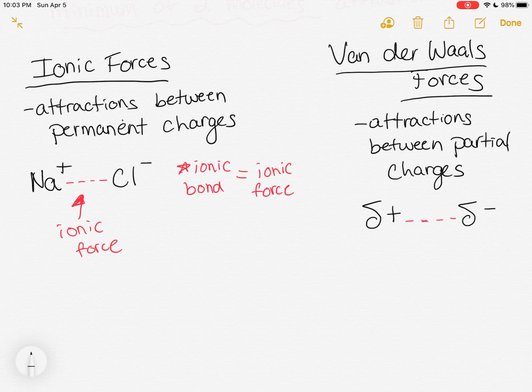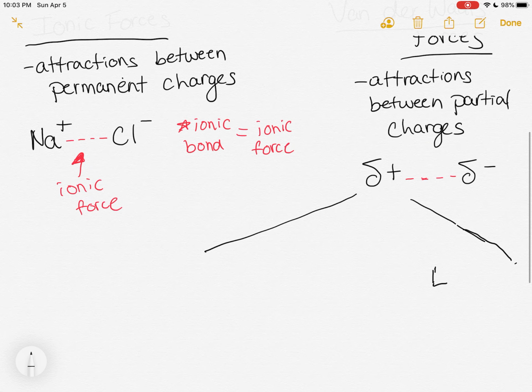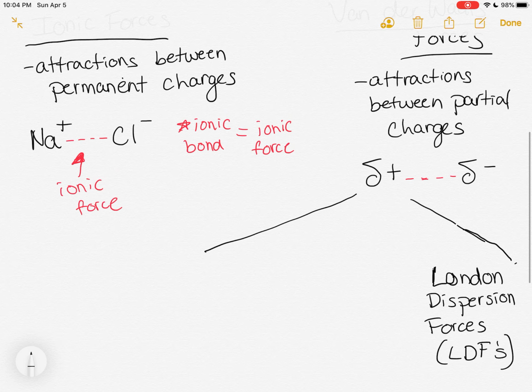There actually are two different categories for van der Waals forces. So we can break van der Waals forces into two different categories. The first are called London dispersion forces. And we just label those as LDFs because we don't like writing out London dispersion forces every single time we want to talk about them.